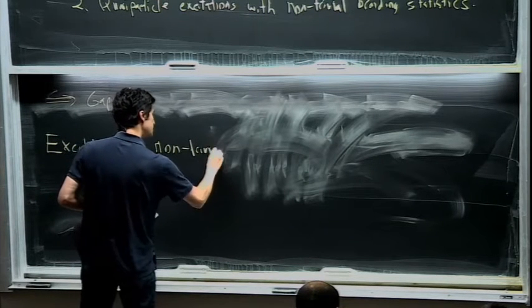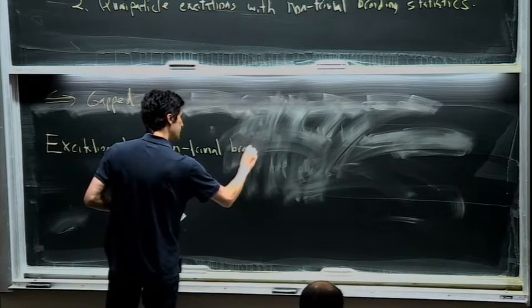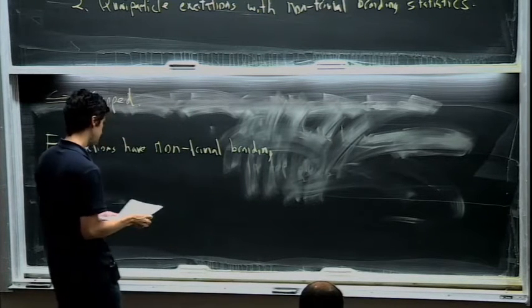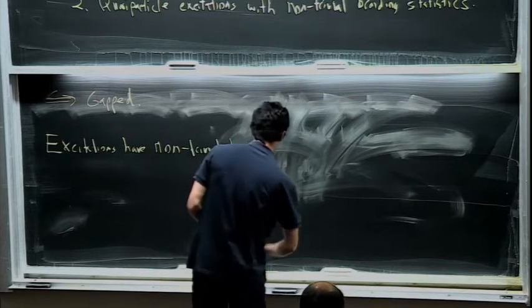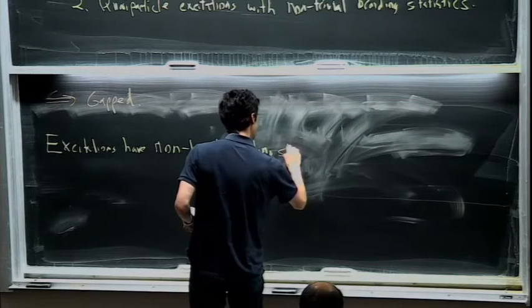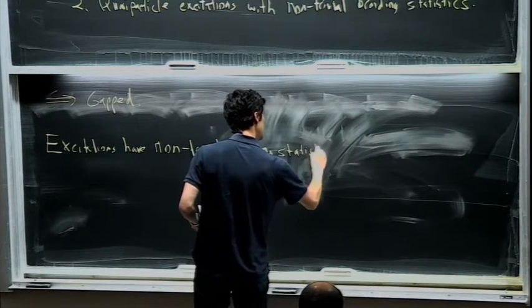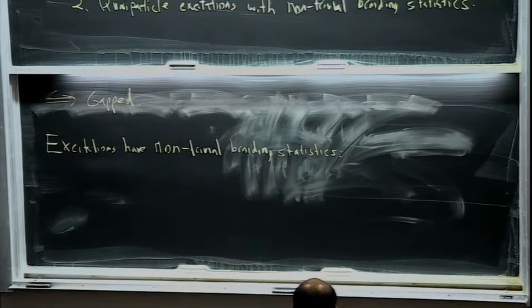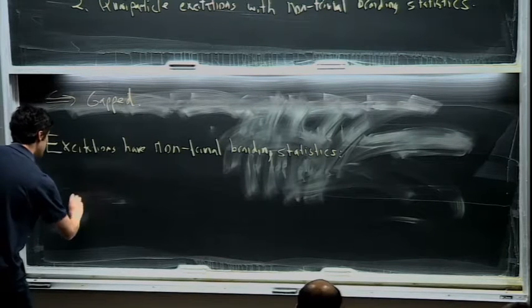And the reason I'm going to do this is because, well, it's a very important calculation, and it kind of motivates why we care about why exactly solvable models are so nice, because we can really calculate their statistics very explicitly. So in particular, the non-trivial braiding statistics in this case is if I take a charge around a flux.